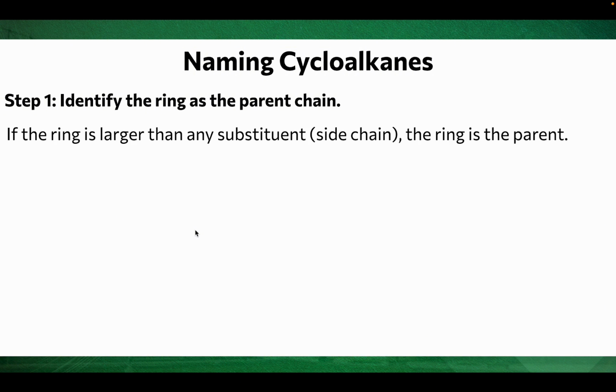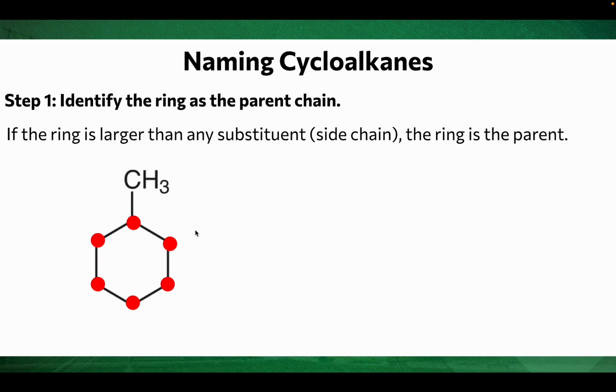If the ring is larger than any substituents or side chain, the ring is the parent. If the so-called side chain is longer, the ring will be the substituent, and it will follow the naming, so it will end with -yl. For example, I have this. The ring has 1, 2, 3, 4, 5, 6 carbon atoms.